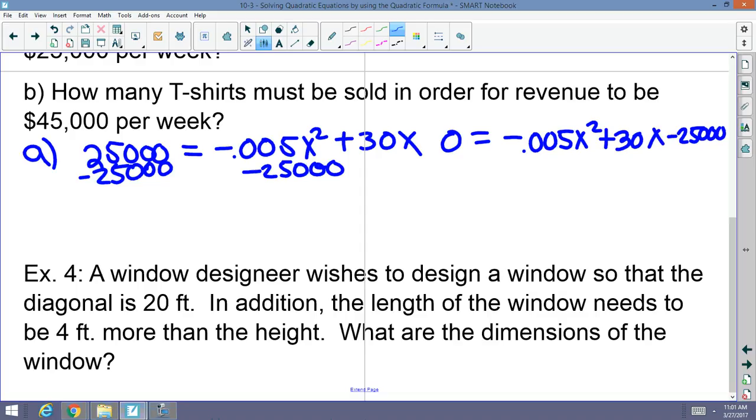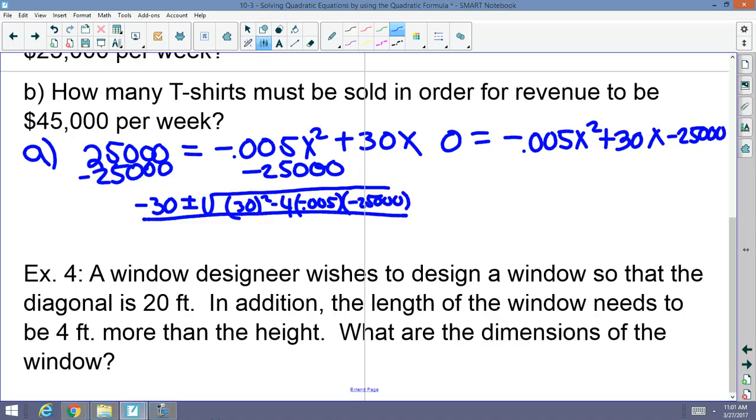So I'm going to go negative b plus or minus the square root of b squared minus 4 times a times c, over 2 times a.